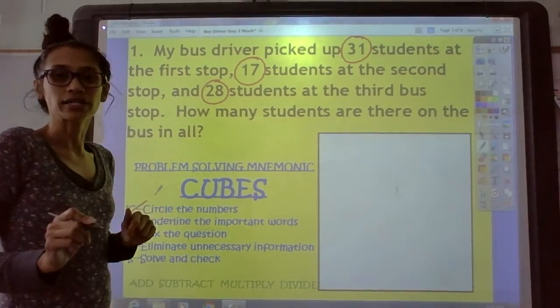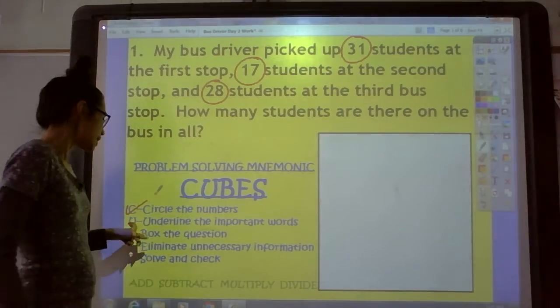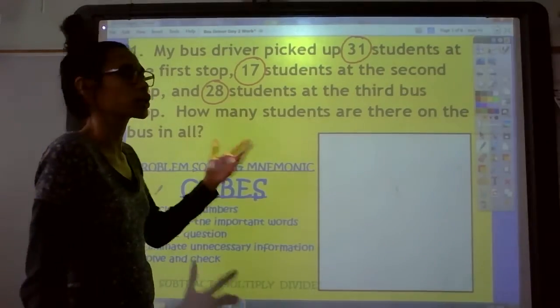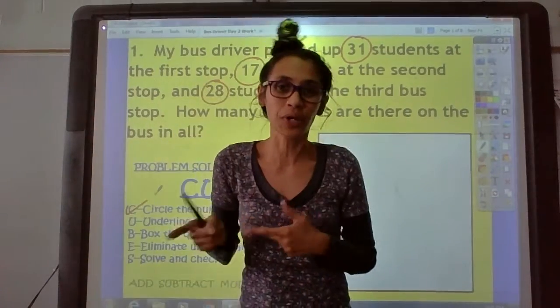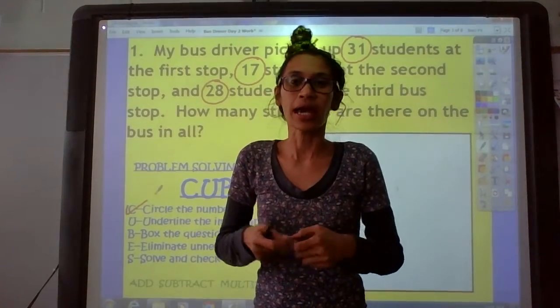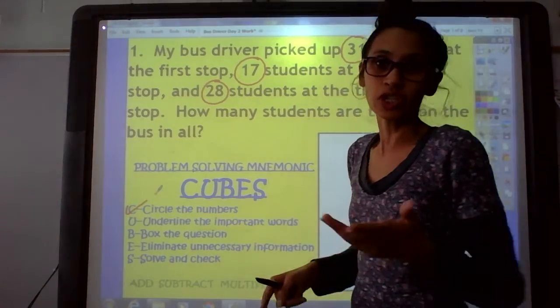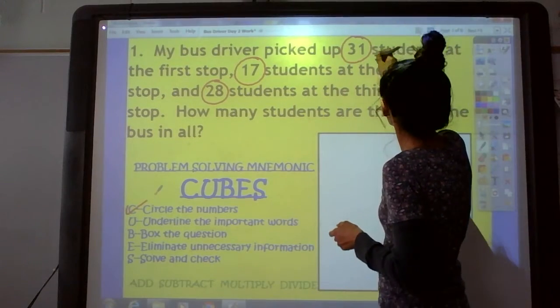Check. All right, next step is the U step in CUBES. It says underline the important words. Now, let's look at the problem and look at the numbers to help us find some keywords, okay? And we're looking for some units. So 31 what? 31 students.